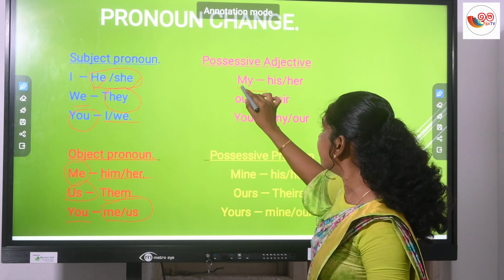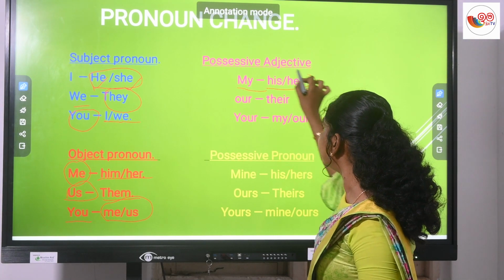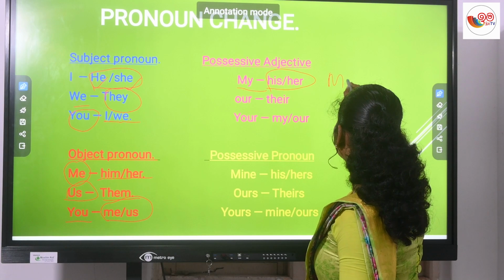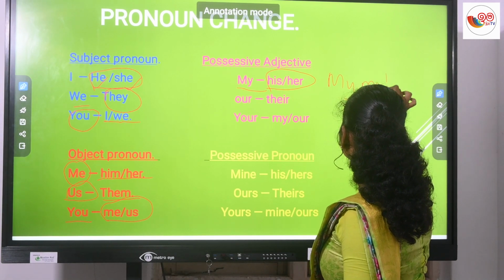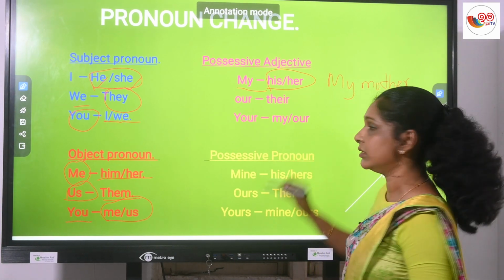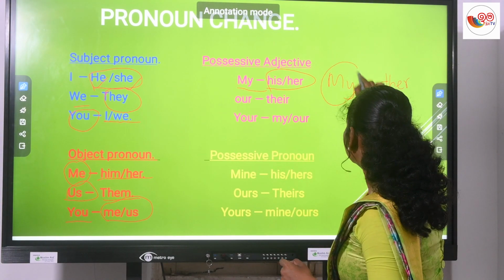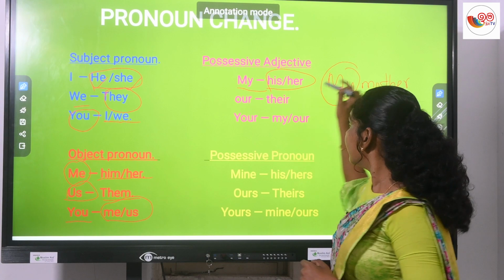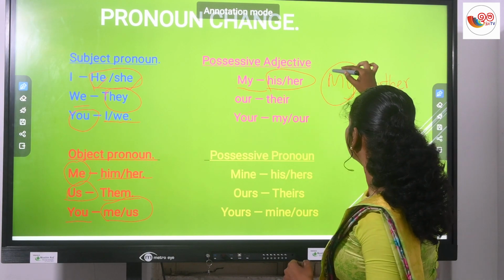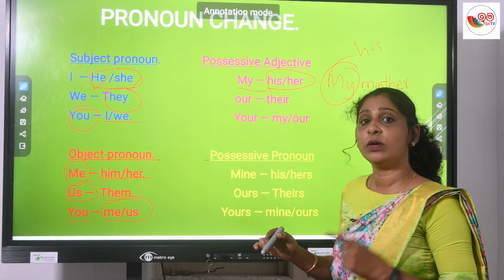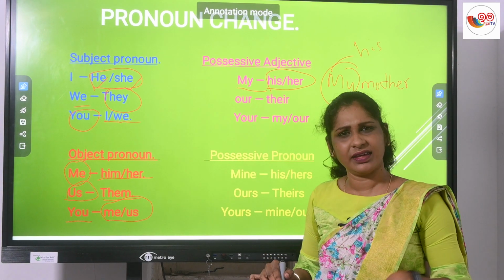So if you have my, you have to write his or her. For example, I am telling my mother. My mother. How can you change it into reported? You have to take this my out, and instead put his mother or her mother. You have to decide.